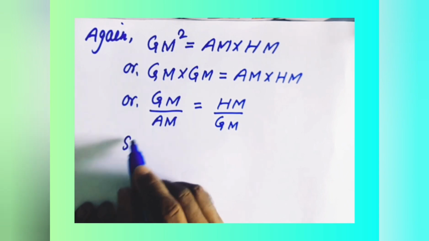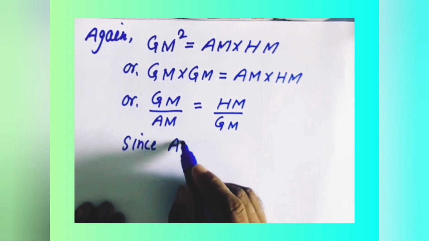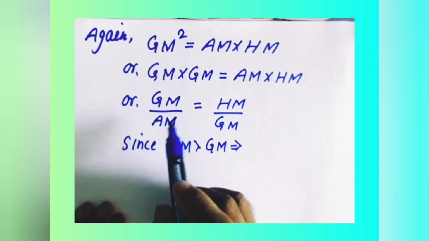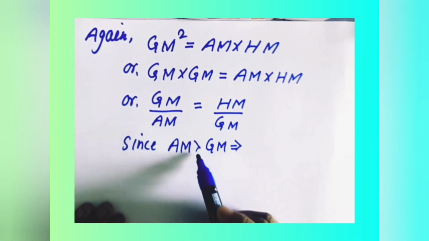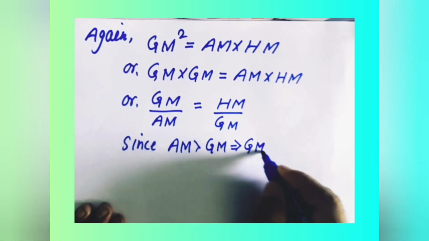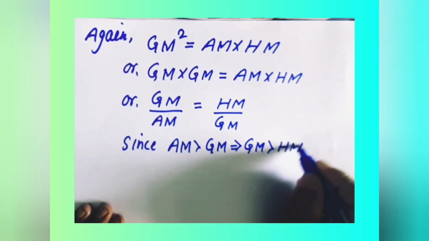So here in the numerator GM and in the denominator AM, and in the numerator HM, denominator GM. Since AM is greater than GM, this implies GM is also greater than HM.